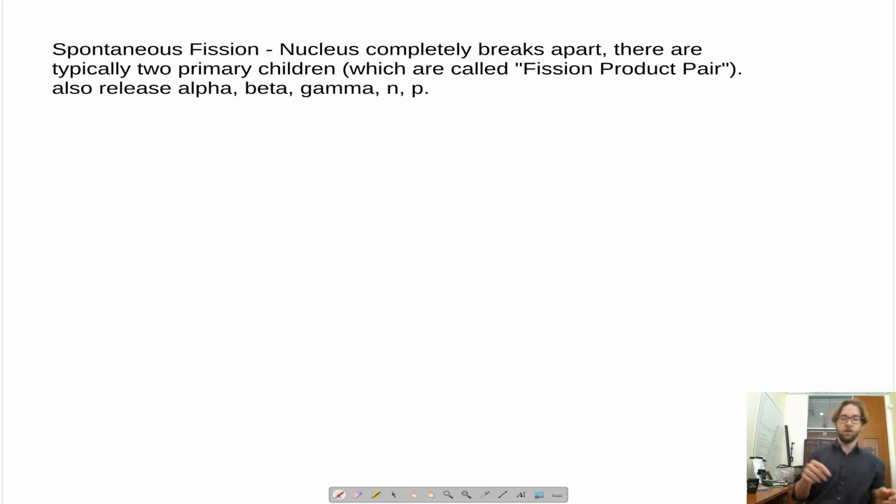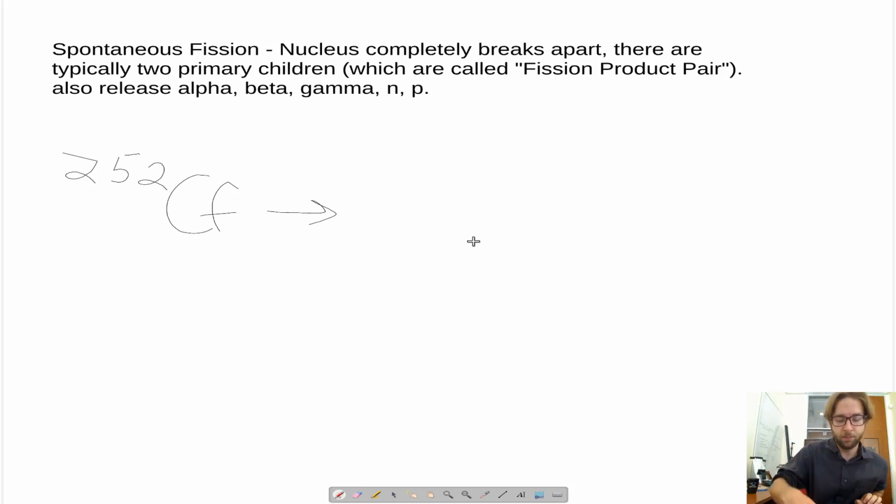Okay, so there are a few examples of this in nature. And one manufactured species that does this, it's more common for manufactured species even, is Californium 252. So Cf-252, when it undergoes spontaneous fission, it'll break into a fission product pair plus 4 neutrons.